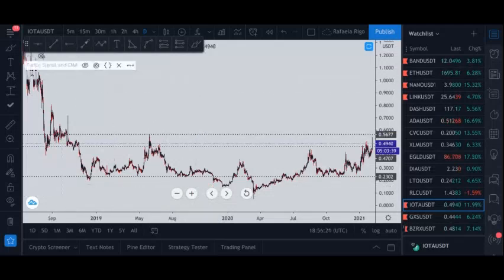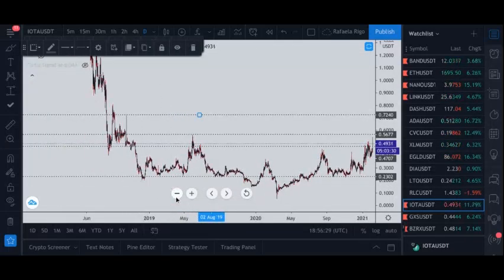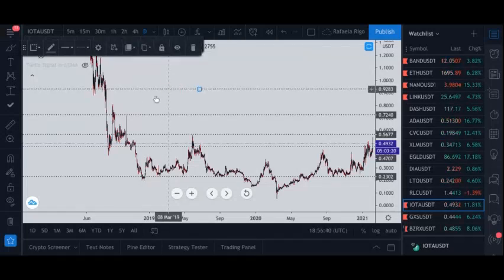So the next line here would be to just set this to this level here. And then the next one would be to set here because it touched this one, this one touched here.